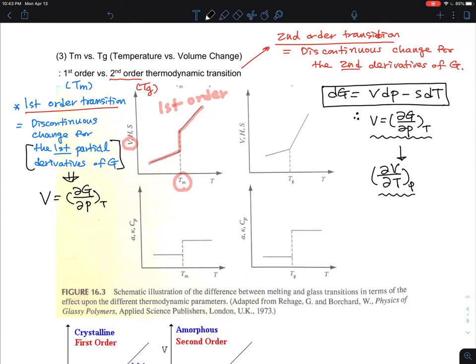Okay, so this is probably related to what we normally call the expansion constant.